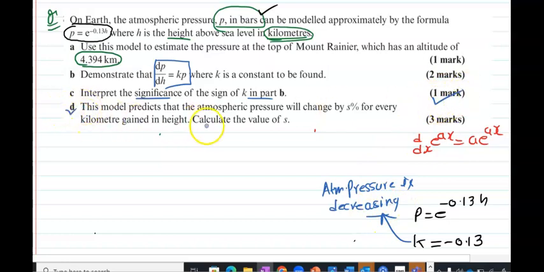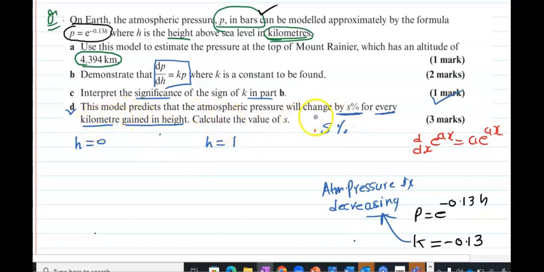Now, D part, this model predicts the atmospheric pressure will change by S%. Okay, you know, no need to worry, it is S% for every kilometer gained in height. So you can calculate for h equal to 0 and you can calculate for h equal to 1.